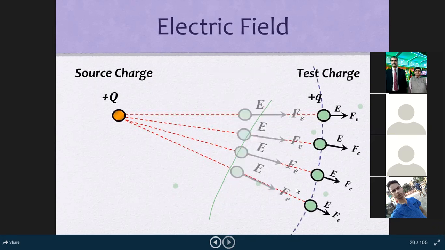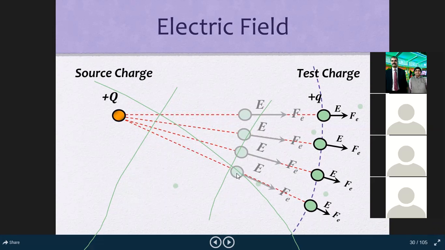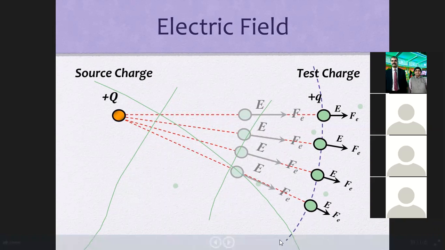The charge is moved in this way, but in this case, the test charge would have experienced much more repulsive force in comparison to this location. Therefore, the electric field intensity at this location will be comparatively lesser. So this activity shows that the electric field decreases as we move away from the source charge.